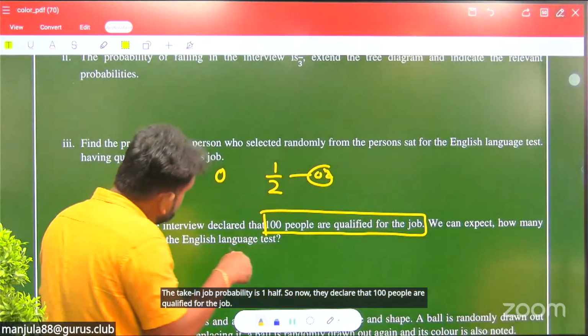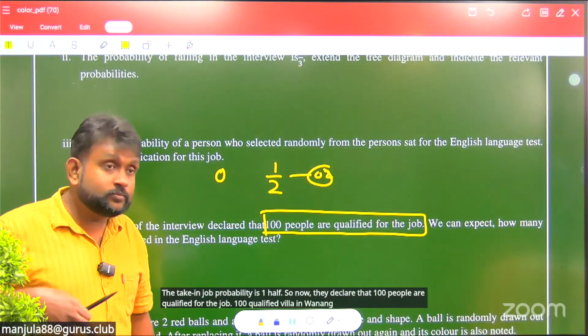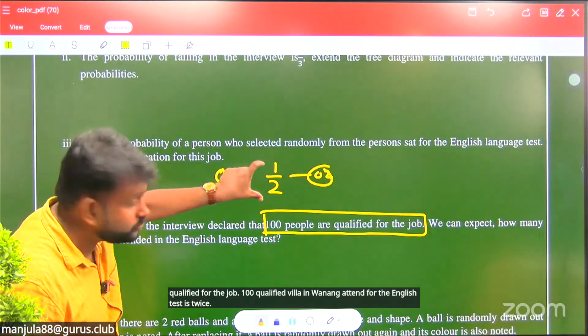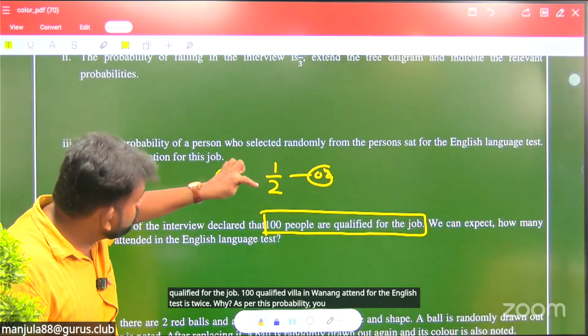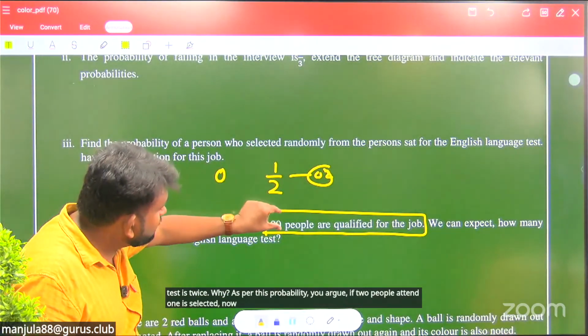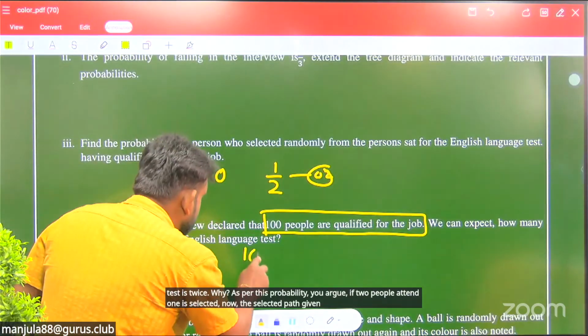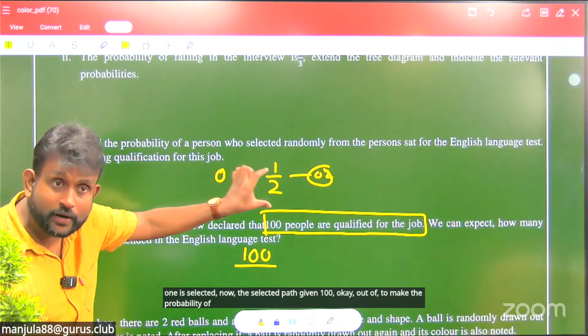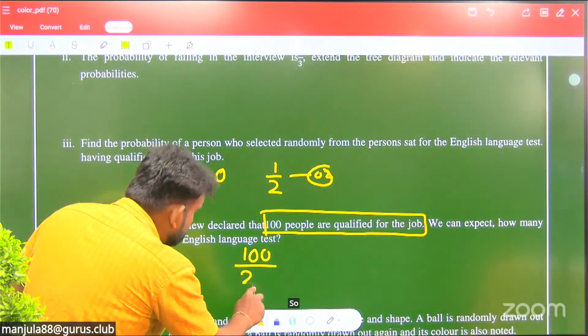If 100 are qualified, those attending the English test are twice that. Why? As per this probability, you argue. If 2 people attend, 1 is selected. Now the selected part is given as 100, so to make the probability of selection 1/2, here should be 200.